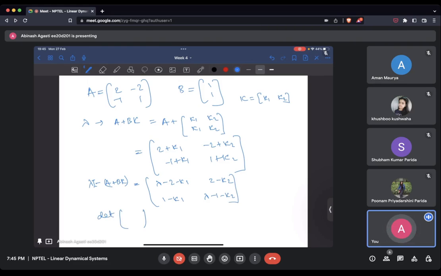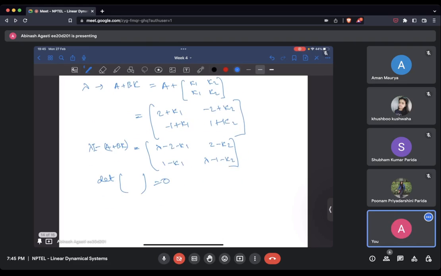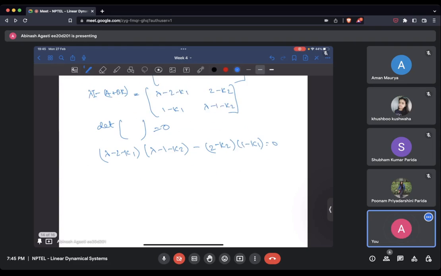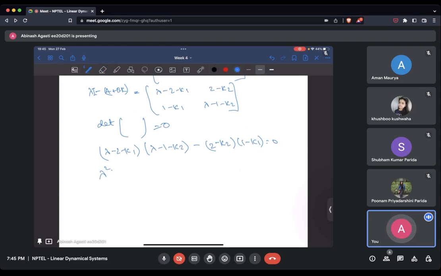Determinant of this we have to find out equal to 0, right? So what is the determinant? It is lambda minus 2 minus... So this gives me a quadratic equation in lambda: lambda squared minus 3 plus k1 plus k2 lambda plus 3 k1 plus k2.